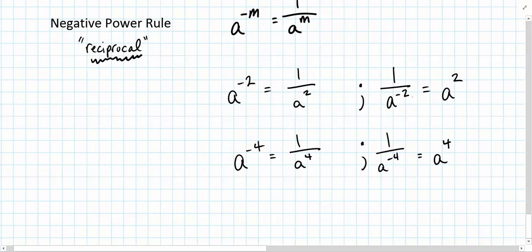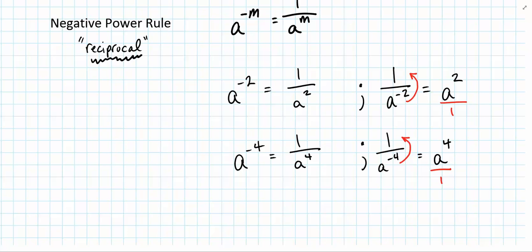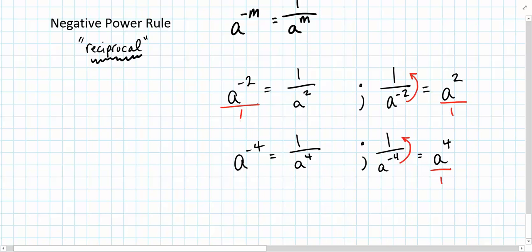Sometimes you'll hear teachers explain that a negative exponent moves a base with that exponent from one side of the fraction bar to the other. So in this case, we're bringing it to the top and essentially creating that same fraction over 1. Or in these examples over here, we could have thought of them as fractions over 1, and this a to the negative 2 power moves to the other side of that fraction bar, and it moves down below.